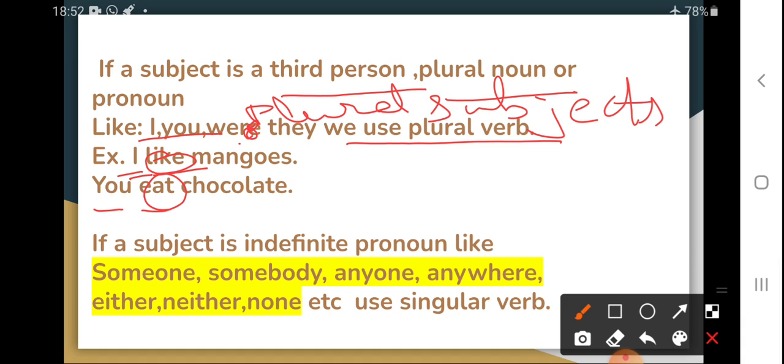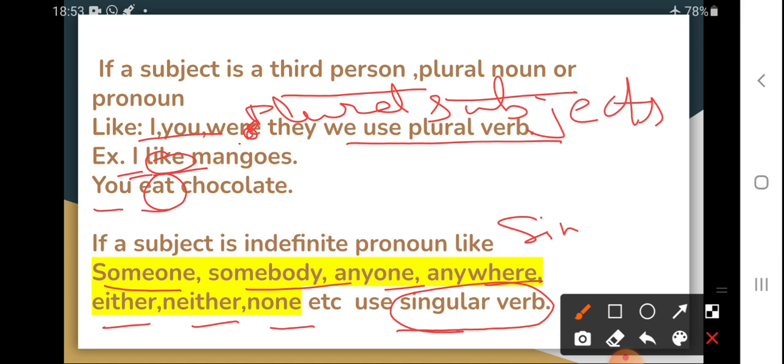Okay. If a subject is an indefinite pronoun, अगर subject indefinite pronoun है, like somebody, someone, anyone, anywhere, either, neither, none, अगर ये आपके subject हैं, you will provide them a singular verb. They are considered as singular subjects.